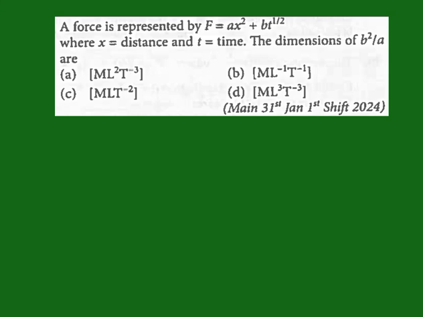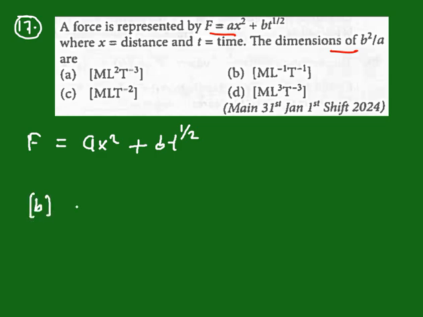Now again, very simple one, question number 17 of the day. A force is represented by this; find the dimension of b square by a. Listen, force is a x square plus b t to the power 1 by 2. One very important rule of dimensional analysis is that the parameters can be added, subtracted or compared only when they have similar dimension or are the same physical quantity.